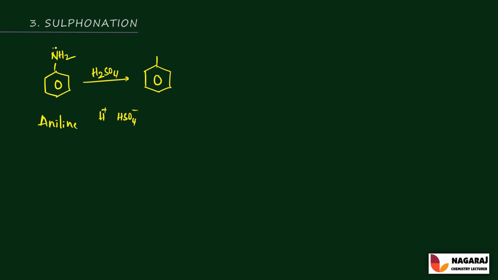Because of the presence of one lone pair of electrons on the nitrogen, it readily attracts proton and is converted into NH3 plus. And there is one negatively charged particle, that is HSO4 minus. So there is an affinity between the NH3 plus and HSO4 minus. That is, opposite charges attract each other. And the reaction takes place at 453 Kelvin to 473 Kelvin.